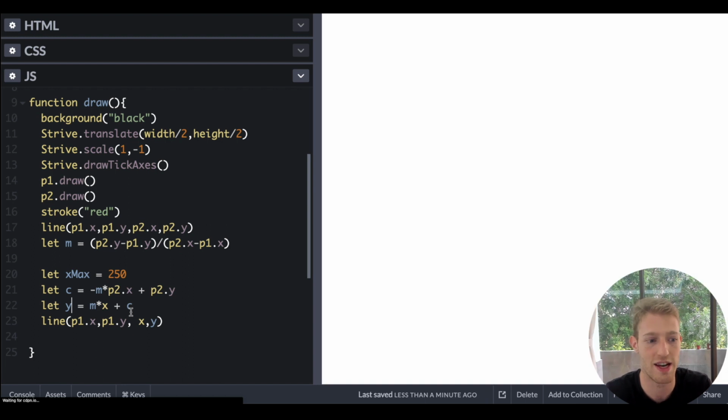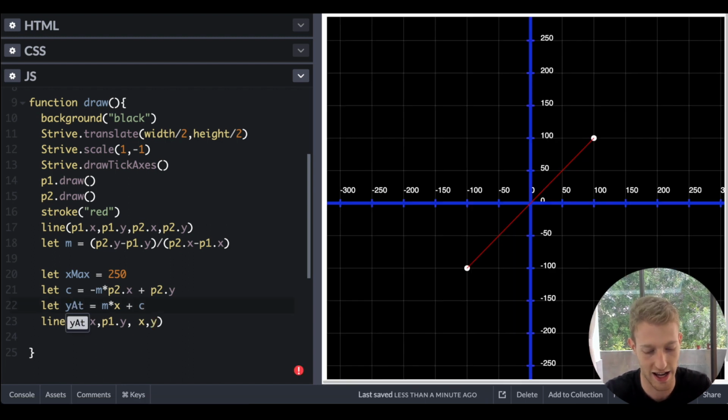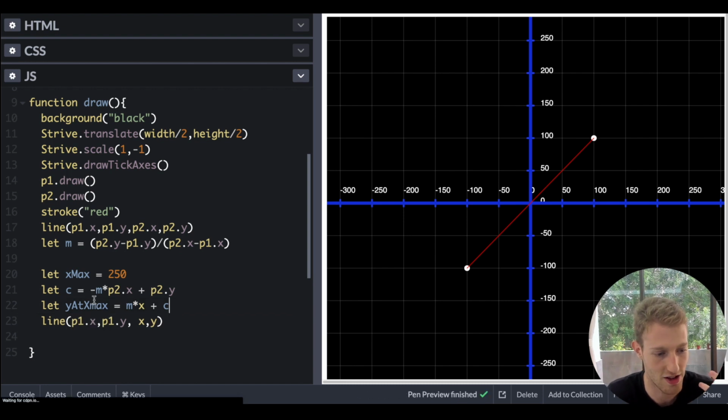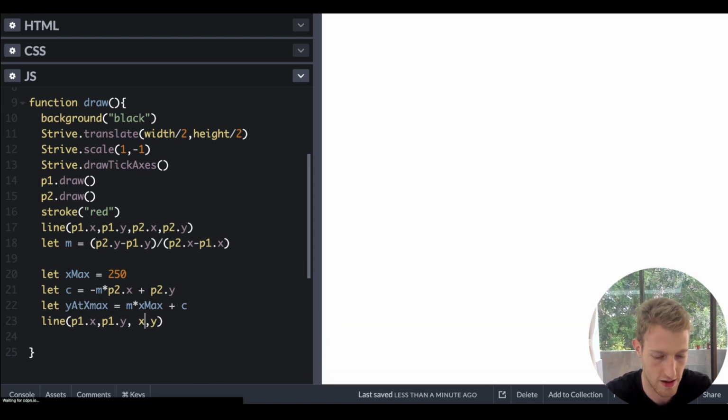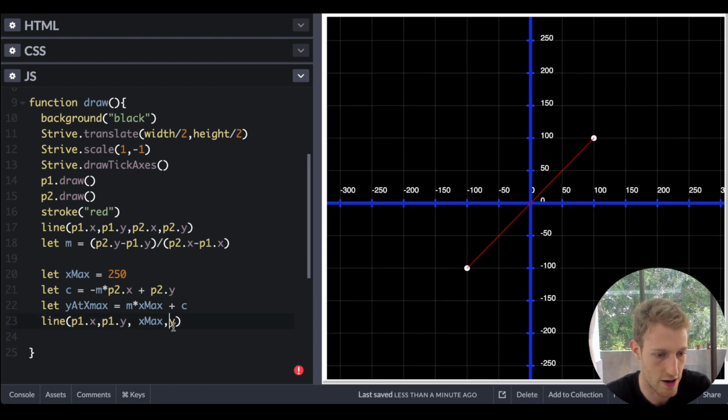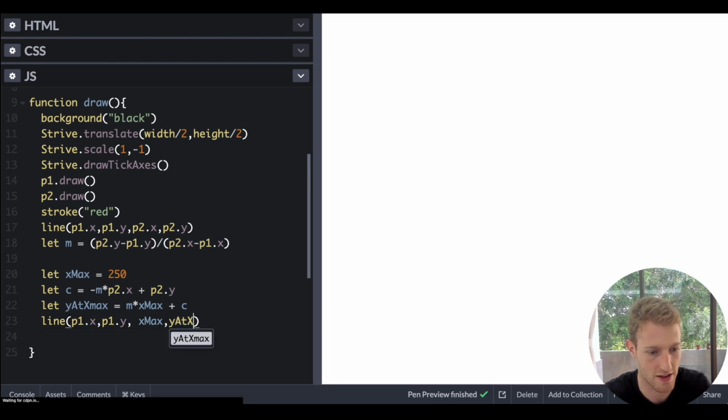And then I could say something like y at x max. It's a long variable name, but it allows it to be quite useful in regards to understanding it, right? So y at x max is m times x max plus c. And now I can put x max and y at x max.